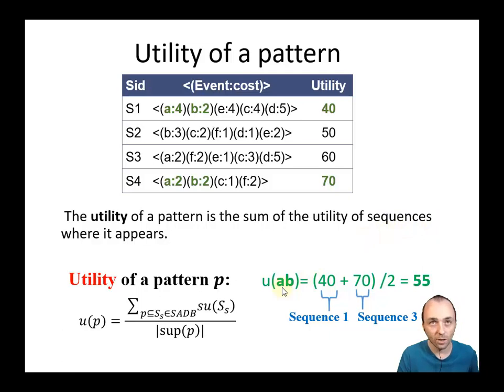So AB appears in sequence 1 and sequence 4. Sequence 1 has utility of 40 and sequence 4 70. So we say that the utility of AB in the database is 40 plus 70, and we do the average, so divide by 2, because 2 sequences, the average is 55. So that means if you do AB on average, you can expect to get maybe a score of 55 at the final exam for e-learning.